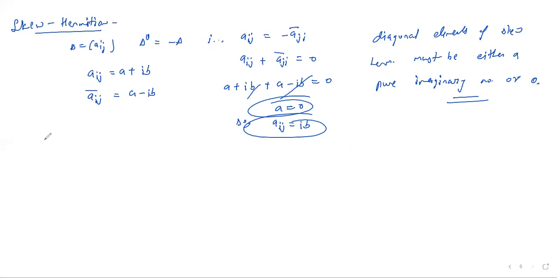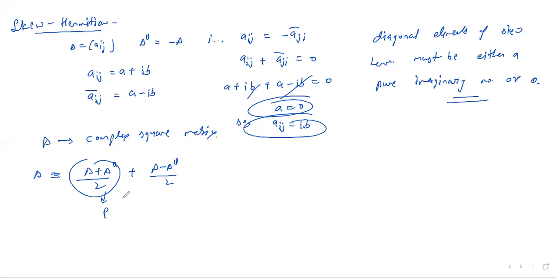Now, if I have a matrix A which is a complex square matrix, I can represent it as A equals (A plus A theta) by 2 plus (A minus A theta) by 2, because if I just calculate this normally, it equals A. This is my matrix P, and this is my matrix Q, let's say.